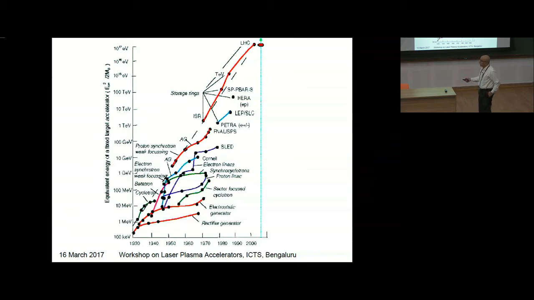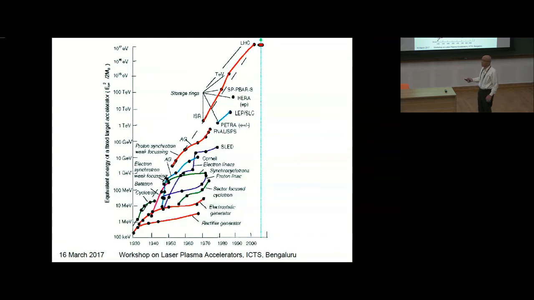Later on, Wilson of FermiLab was also a Lawrence student who went to Cornell and then finally to FermiLab, and built FermiLab. You see the energy, this is in log scale, against the year. And you see every 10 years, it has gone up like an exponential. The energy of the accelerators has gone up exponentially.